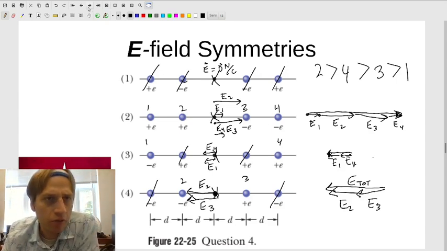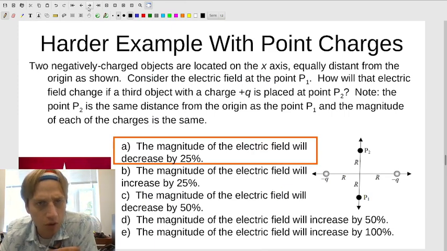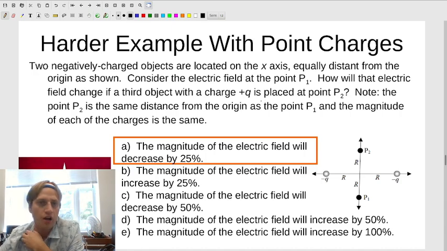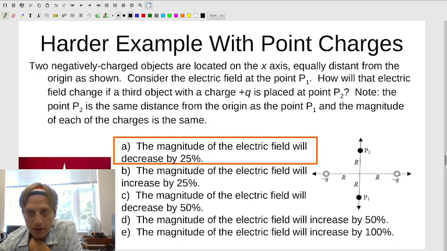Now we can also think our way through even more complicated situations. Like consider this one here. It says, consider we have 2 negatively charged objects that are located on the x-axis. So right here and right there. And we want to consider the electric field at this point P1.